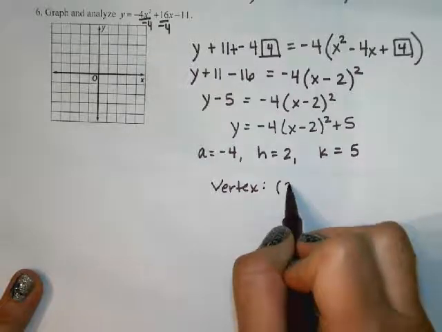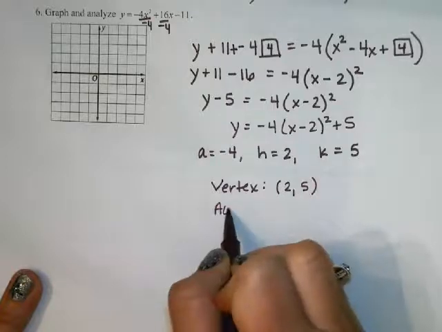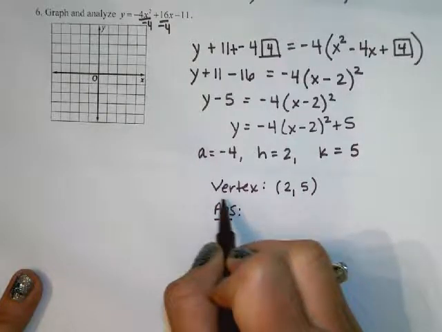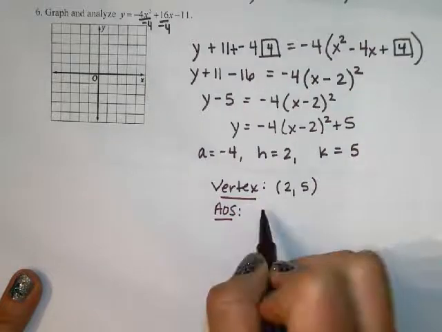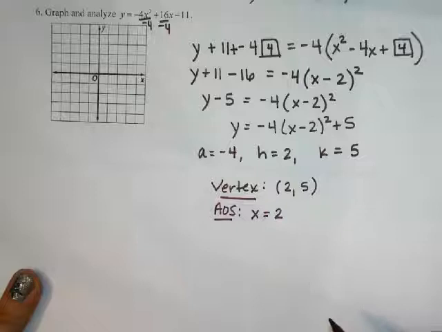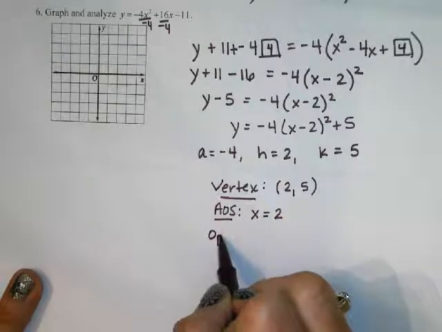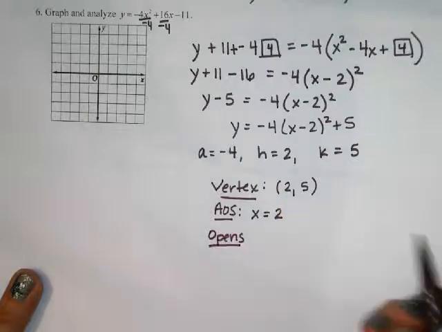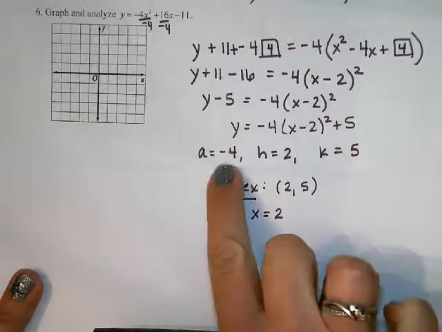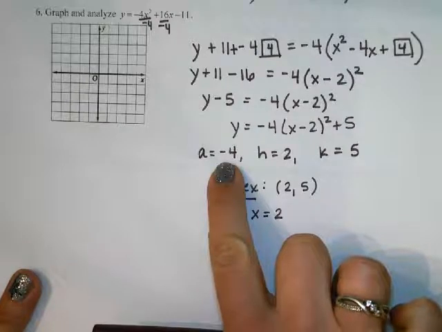Two, 5. Perfect. Axis of symmetry. Perfect. And which way does this guy open? He's negative. Down.